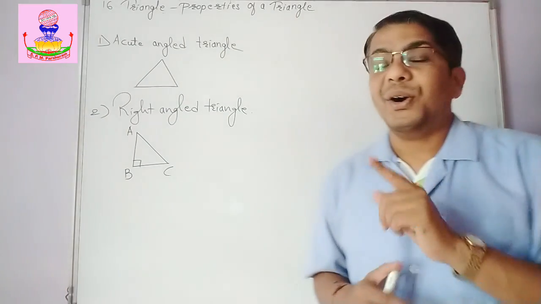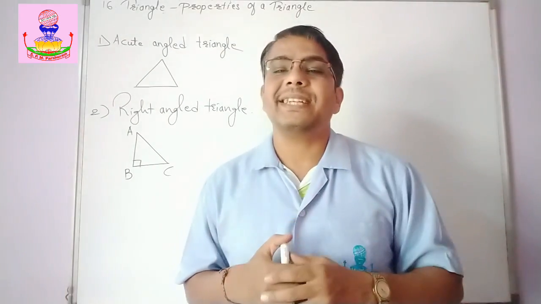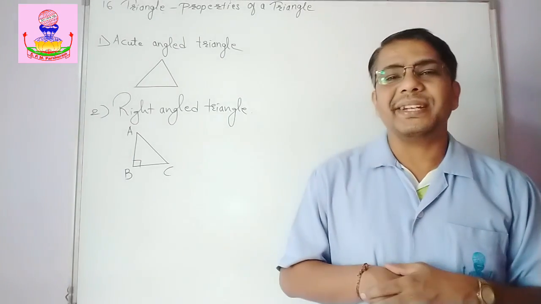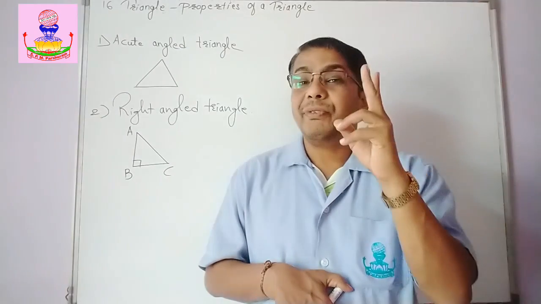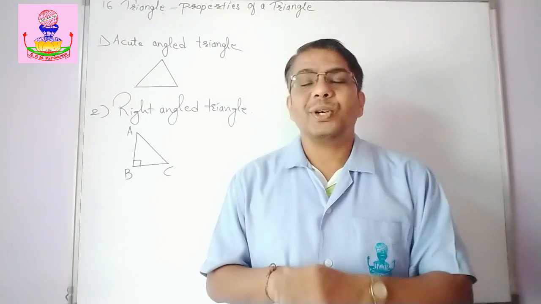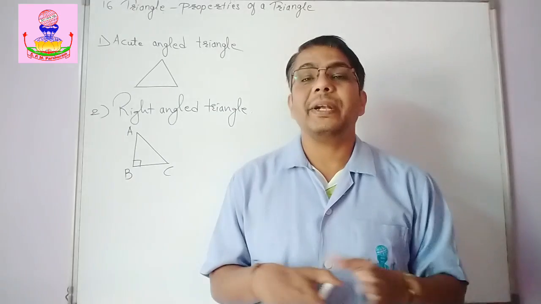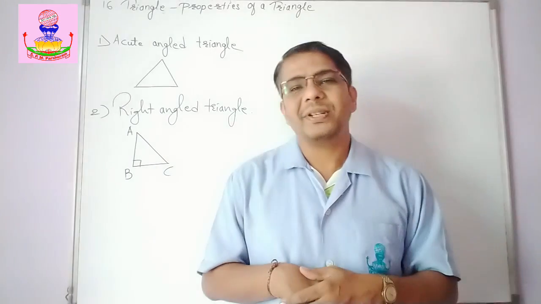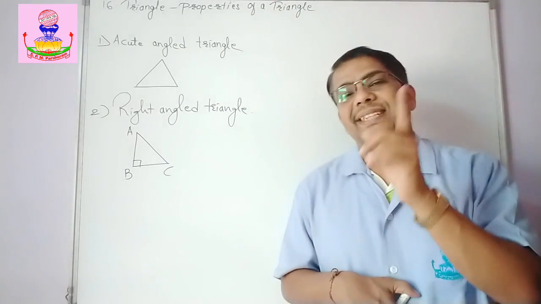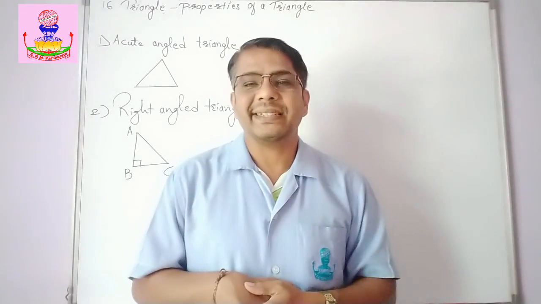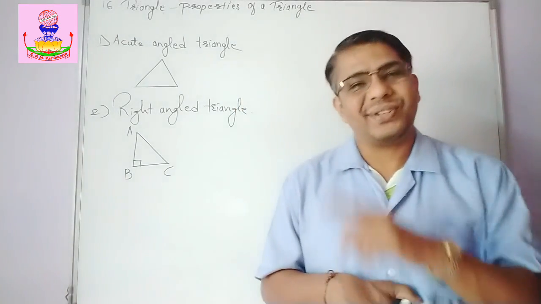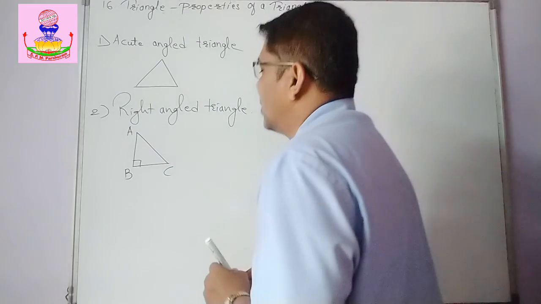Why? Because the sum of the three angles of a triangle is always 180 degrees. So you cannot have two right angles in a triangle, because then the third angle would automatically become 0, and that is not possible. So there is always one right angle in a right angle triangle. Keep this in mind.